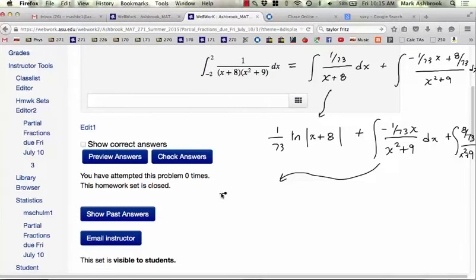So we can do negative 1/73rd natural log of absolute value of x squared plus 9. Here we don't need the absolute value because this is always positive, but just always put it on, just to get in the habit. Is this done? What else do we need? You can multiply by 1/2. Okay, we need a 1/2.